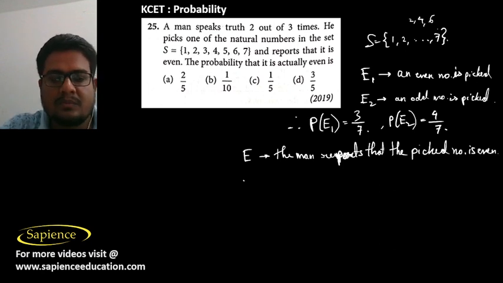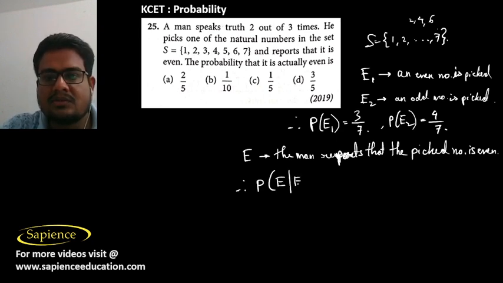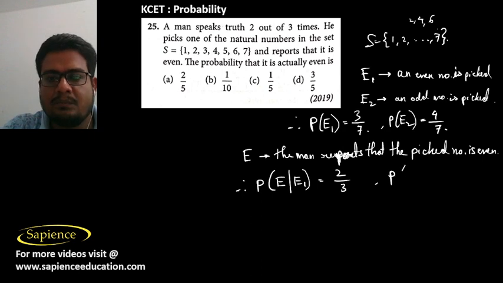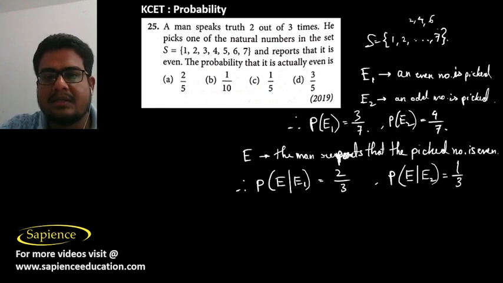Therefore, the probability that the man reports it is even, given that it is actually even, P of E given E1, is equal to 2 by 3, since it is told that the man speaks the truth 2 out of 3 times. And the probability that he reports that it is even, given that an odd number is picked, P of E given E2, will be equal to 1 by 3, since he speaks a lie, it means he will not speak the truth 1 out of 3 times.